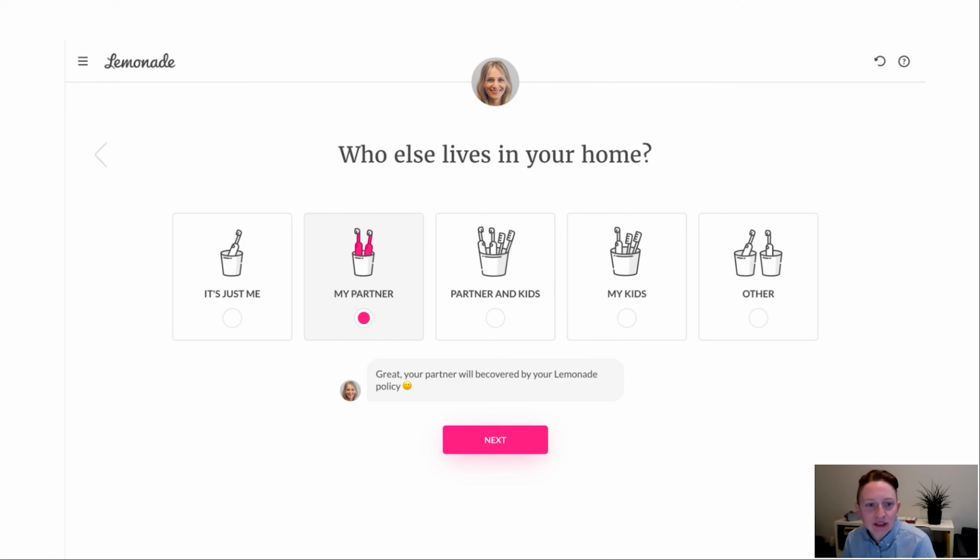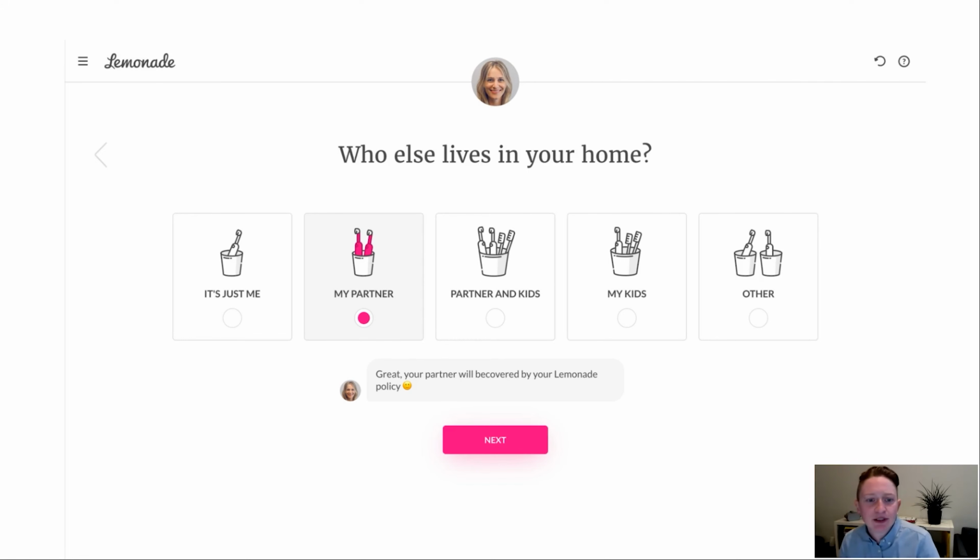In the example here, there is a screenshot that I took while I was signing up for my liability insurance. During the sign-up process, they asked me who else lives with me, because they need to know if the insurance has to cover someone else besides myself.